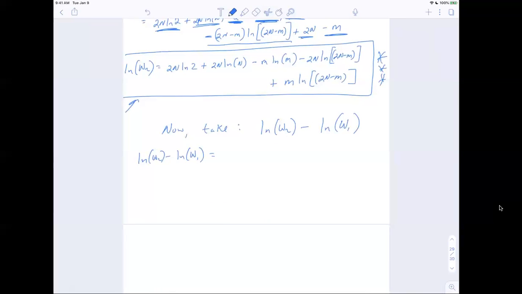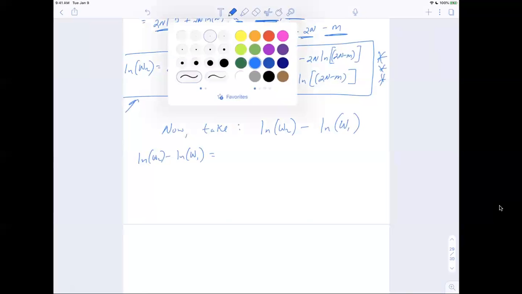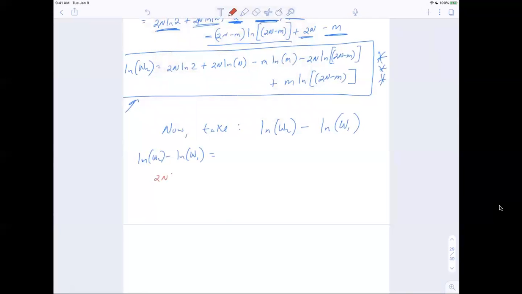That gives us 2n log 2 plus 2n log capital N minus m log of little m minus 2 times the capital N natural log of 2n minus m, plus m natural log of 2n minus m. So that's log of W2.